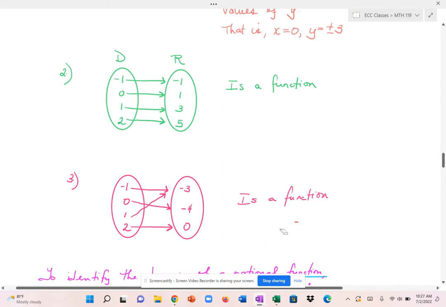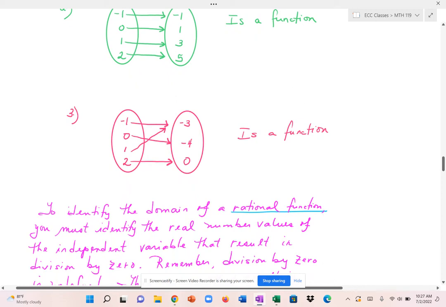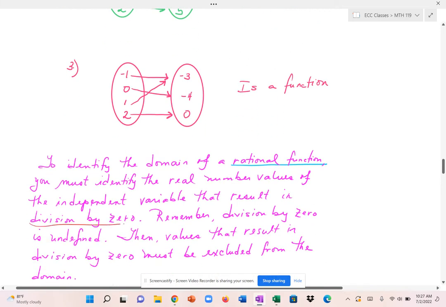Now we're moving on to identifying the domain of a rational function. With rational functions, you will sometimes have restrictions because we have to avoid division by zero. Division by zero is undefined. So if that occurs, we have to say that's not part of the domain.